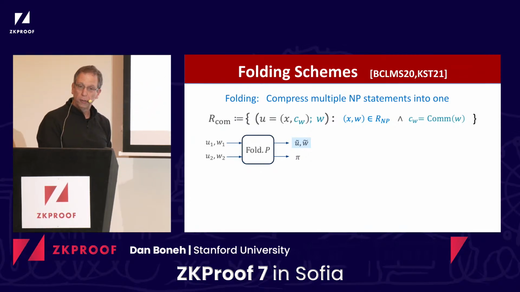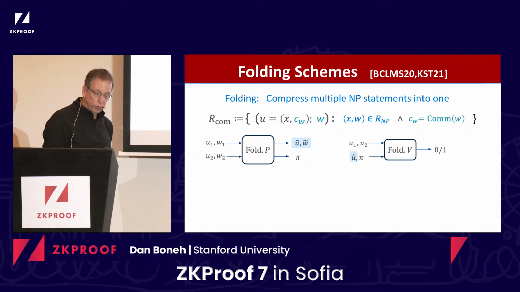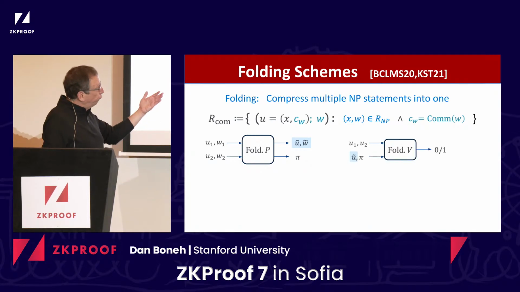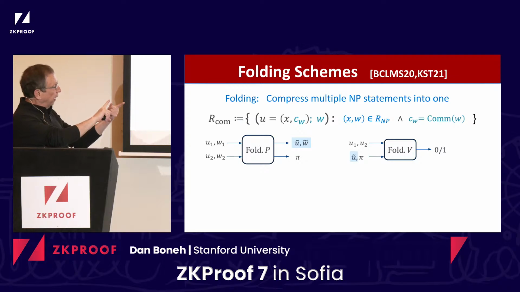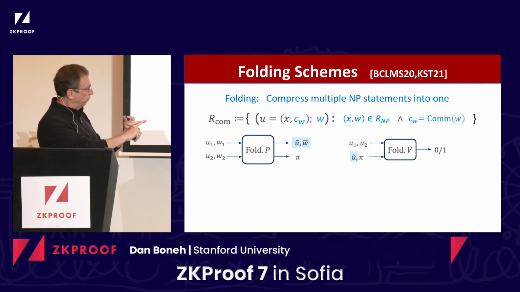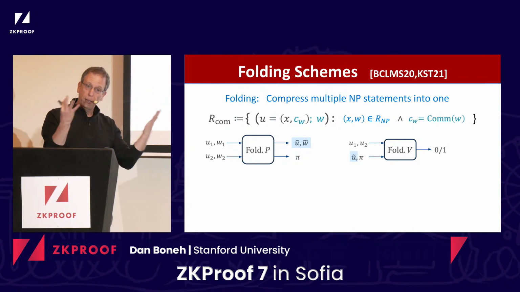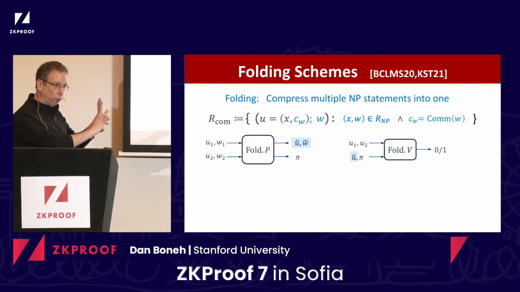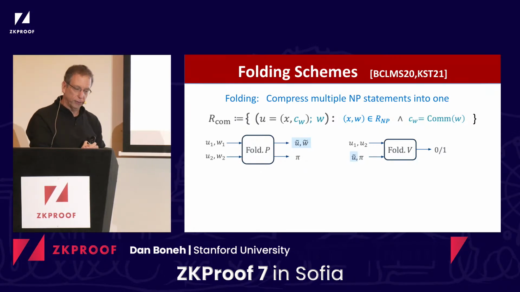This is the little proof pi that's produced. The verifier will take the original statements U1 and U2, along with the folded statement U tilde and the folding proof pi, and decide whether this is a correct folding or not. Syntactically, this is what folding does.